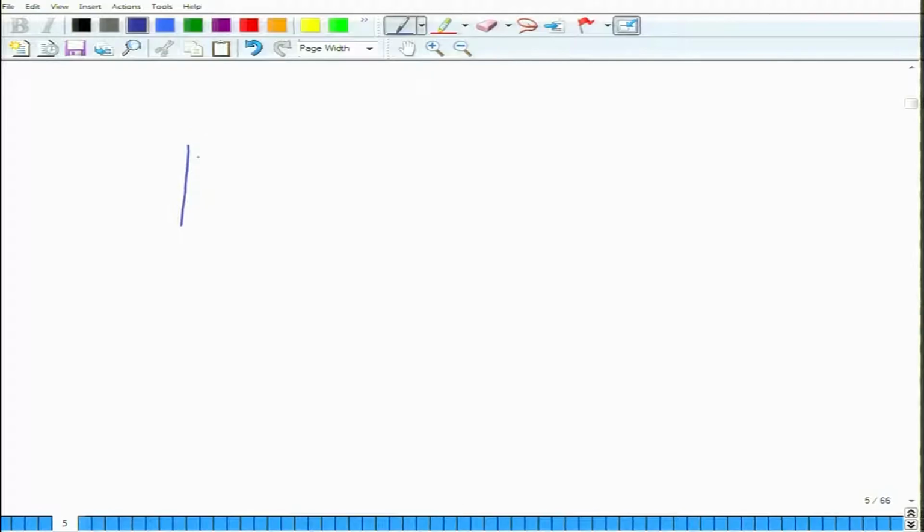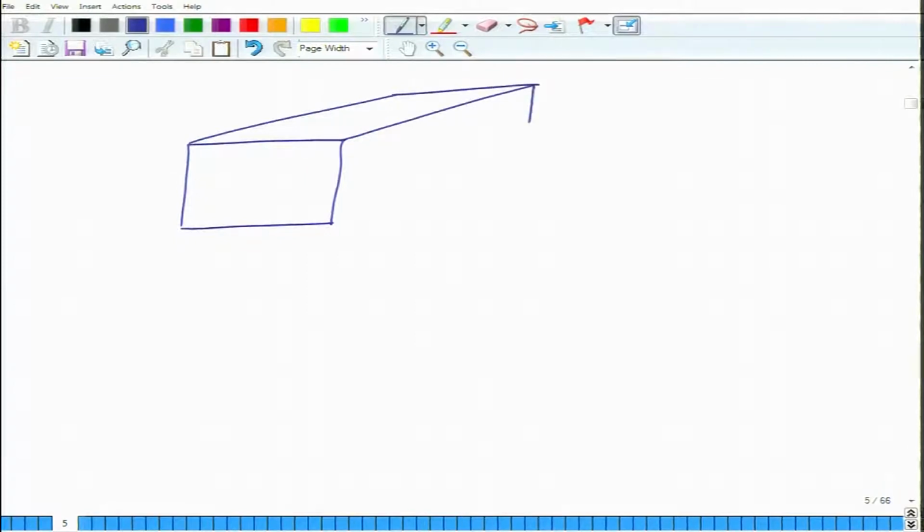So, let us see, following this definition, let us say I have a parallelogram like this. Okay. Let us say this is the origin, and I define this in some multiple of, let us say, a: 2a, 3a and 4a.